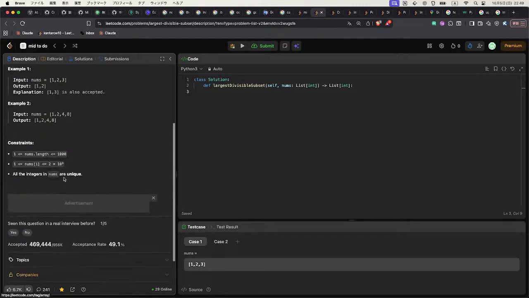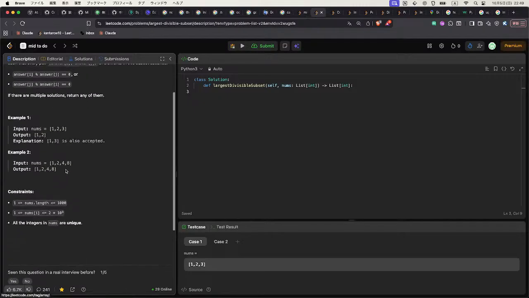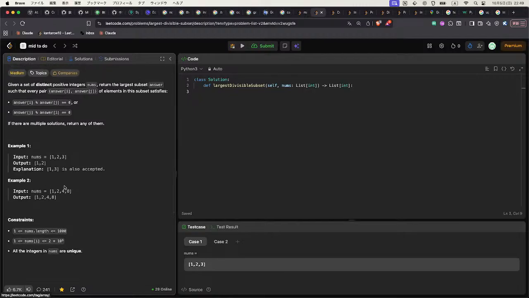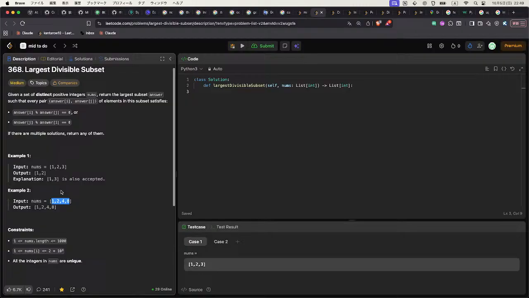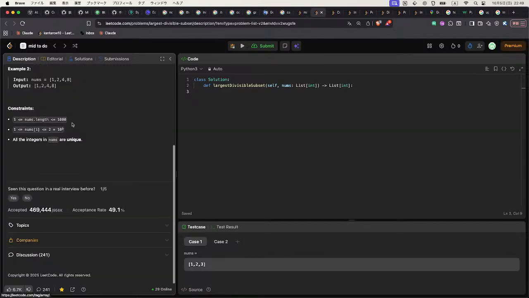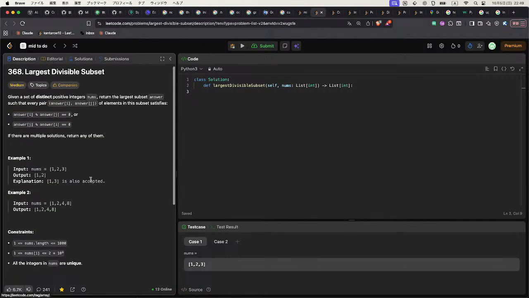Of course I can solve this problem by this approach, because we check every pair, and if it meets the conditions, we return it. It's the largest subset.